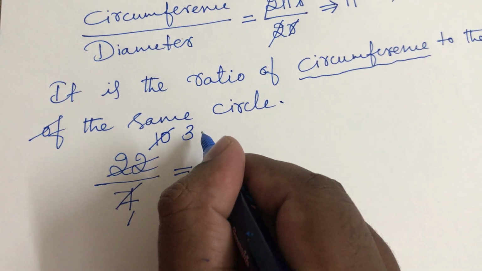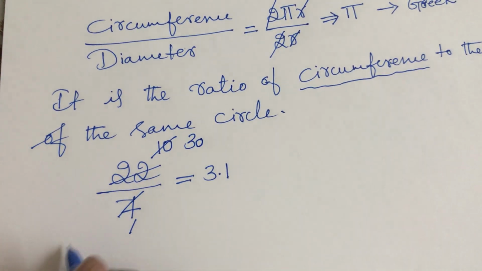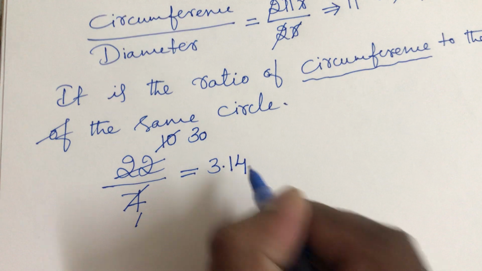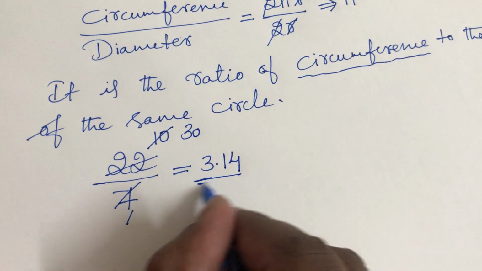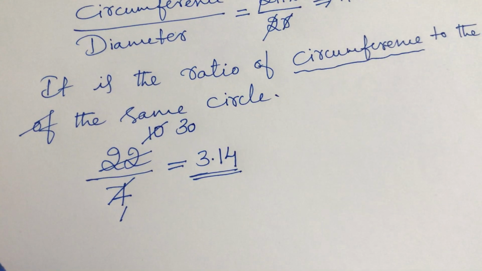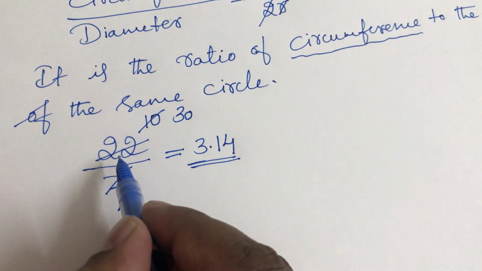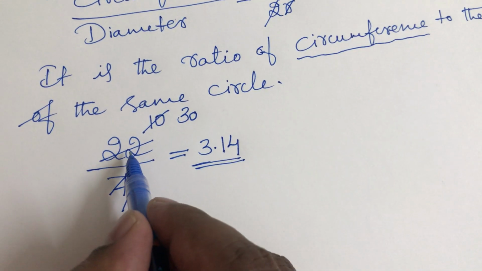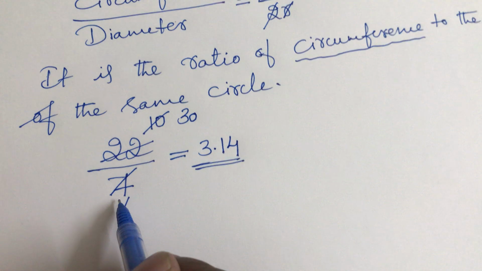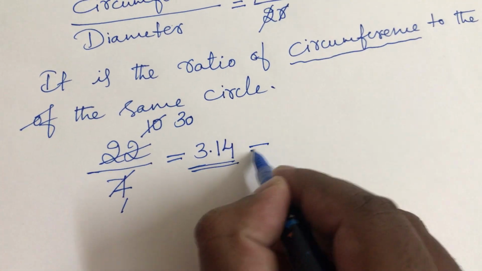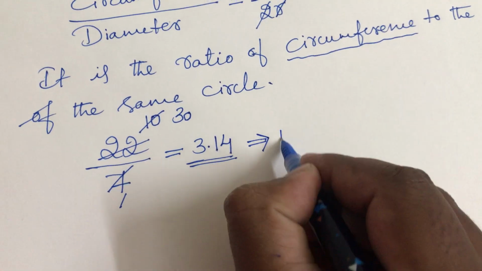I have added a zero here. 7 fours are 28. So this is the value we will get whenever we divide the circumference of any circle by its diameter. We represent it as pi.